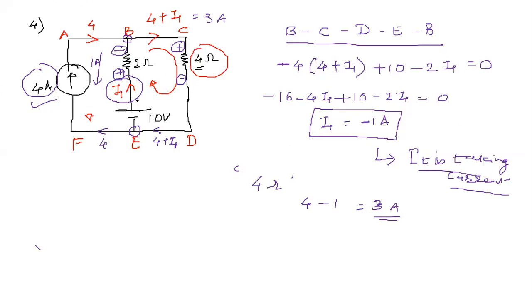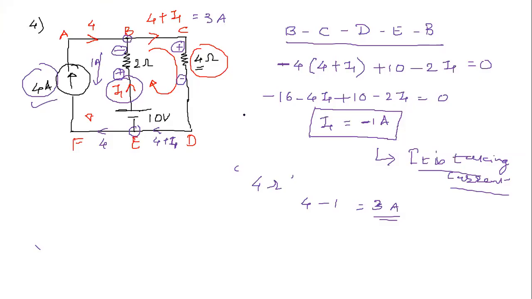I don't know whether you are comfortable with all the branch analysis circuits which we have solved. We started with a single source, then 2 sources, then we also had a current source included.